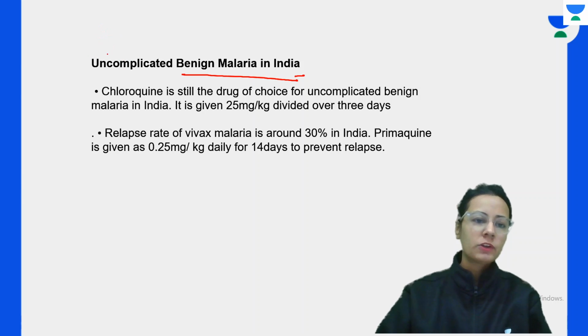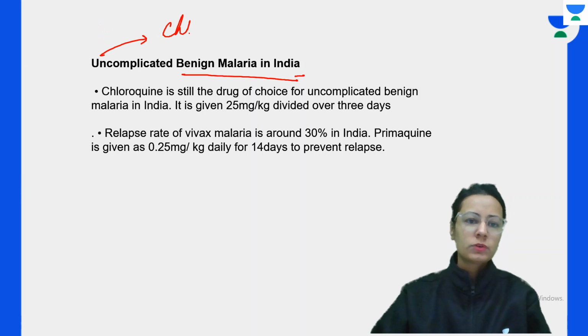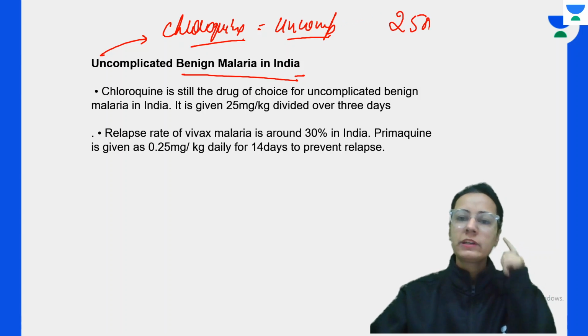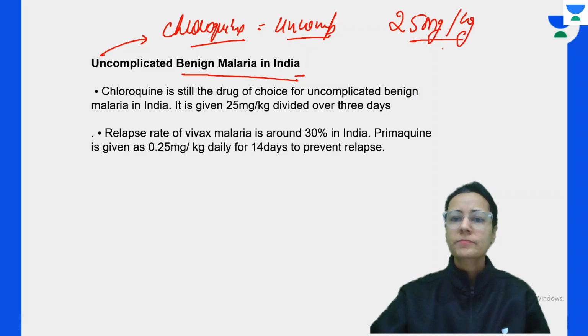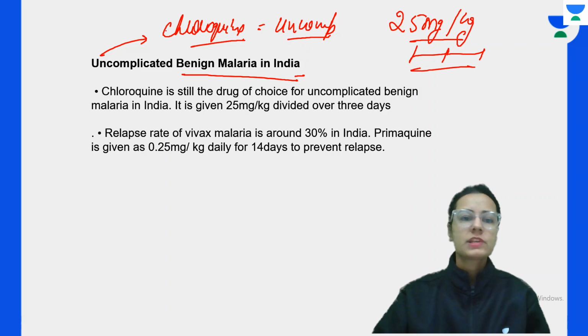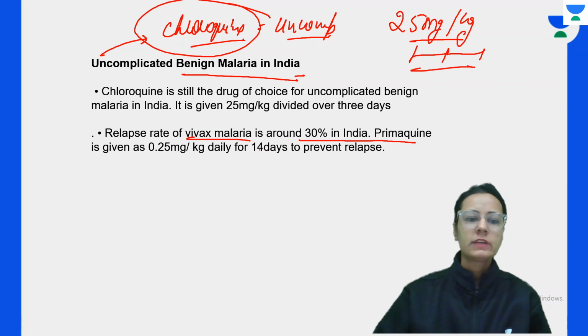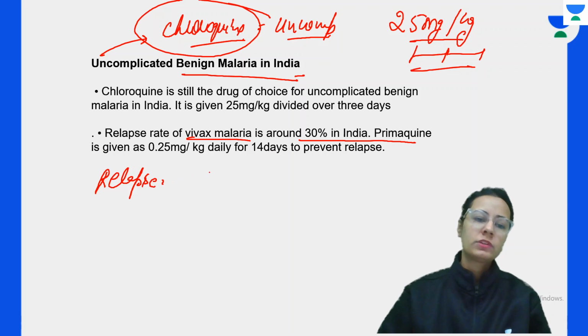Now, uncomplicated benign malaria in India. For the uncomplicated cases, chloroquine is the drug of choice, and it is given around 25 mg per kg divided over 3 days. So remember, for the uncomplicated cases, chloroquine, and for the relapse of vivax, we give primaquine, because in relapse cases of vivax or ovale, we give primaquine.